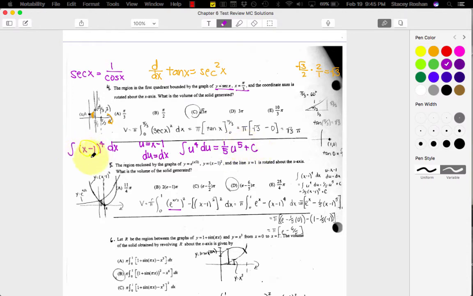And so the antiderivative of x minus 1 to the 4th power is simply 1/5 u to the 5th plus c. And so I just figured out what it was. I didn't mess with my bounds. If I go back to x's, I can just put it back in and not have to change any bounds here. So these bounds are still 0 to 1. And that's just how I solve that problem. Now, please note, people always forget to put in the 0.